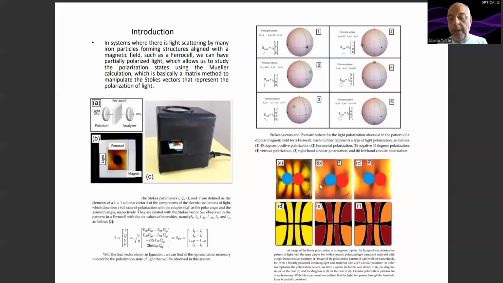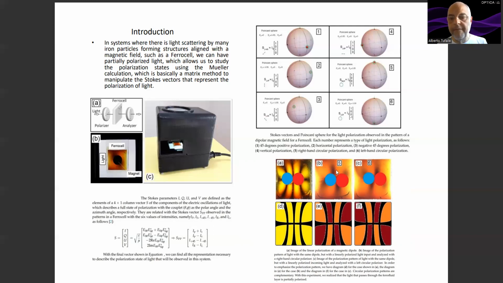For when we analyzed this sample using circular polarizer, left and right circular polarizers, we have also observed the existence of circular polarized light 5 and 6 with these patterns for the same case of the dipole configuration, as you can see here.